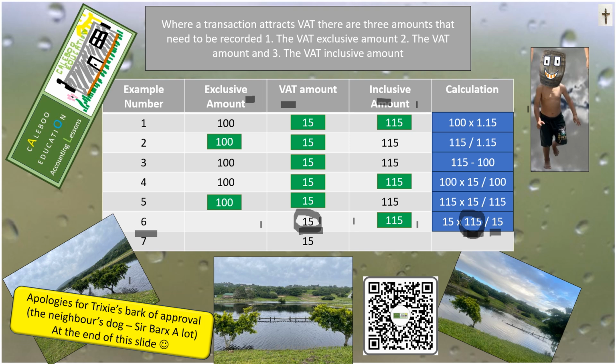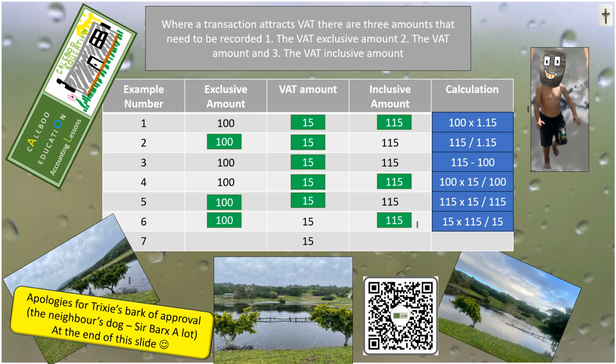So I say the VAT amount multiplied by 115 over 15 gives me 115. And 115 minus the 15 will give me 100. So in this example number 6, we went from the VAT amount of 15.